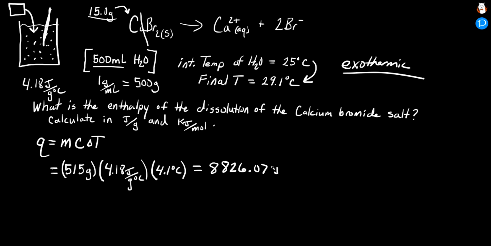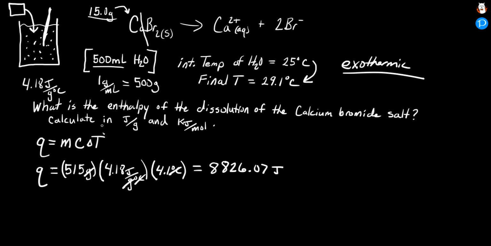Now our units are just going to be joules for this, because if I look, grams is going to cancel out, degrees Celsius is going to cancel out, leaving me with joules. So now that's the amount of energy, 8,826.07 joules, that's associated with this 15 grams of salt being dissolved.